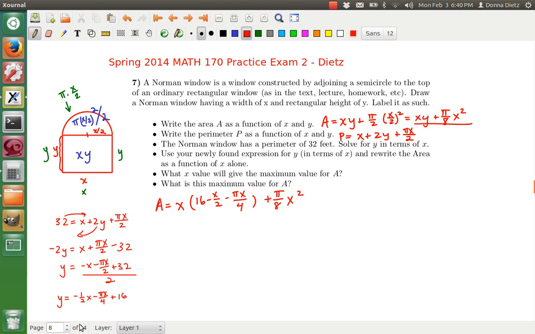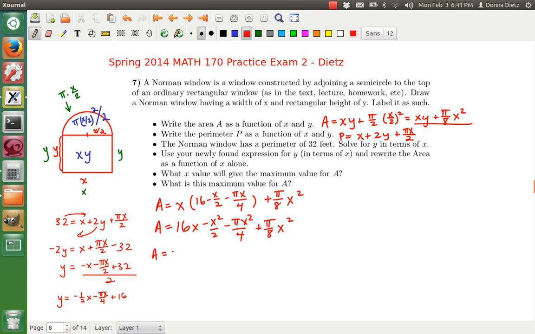Okay, so that is technically correct, but we are going to have to maximize this. So we should just continue while we're ahead here. A is equal to 16x, let's just distribute this x here, minus x squared over 2 minus pi x squared over 4 plus pi over 8 x squared. Okay, so everything has an x in it, and some things have x squared in it.